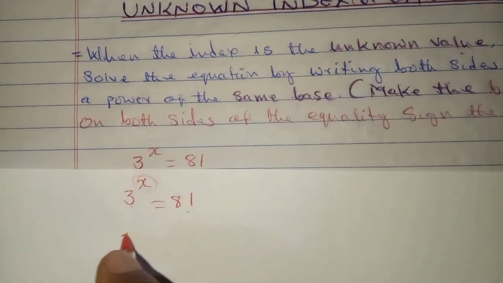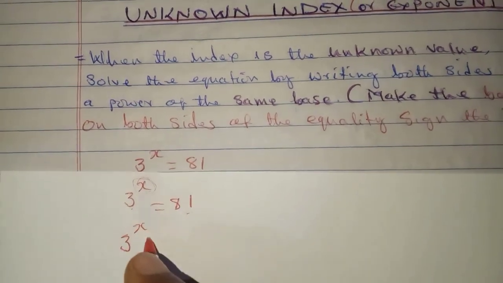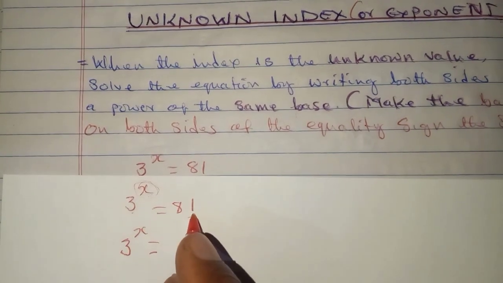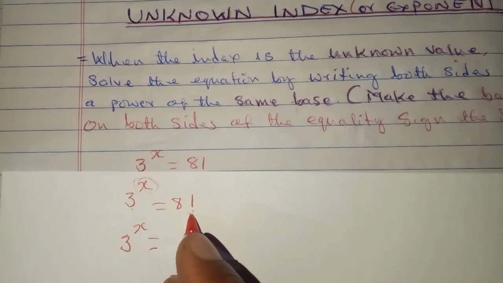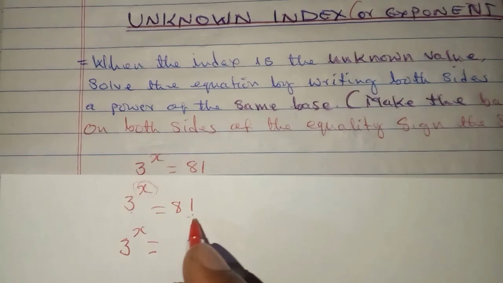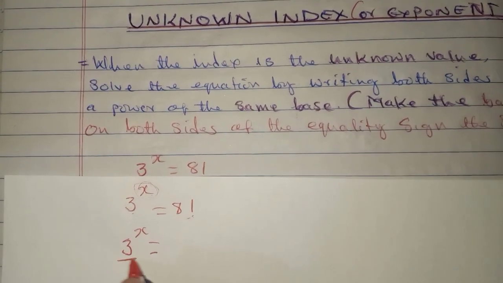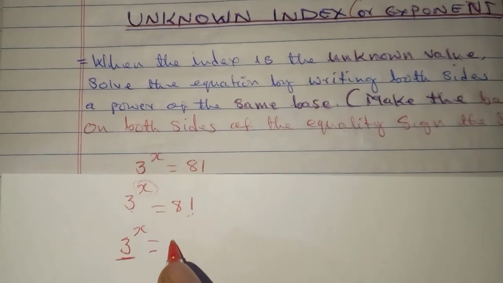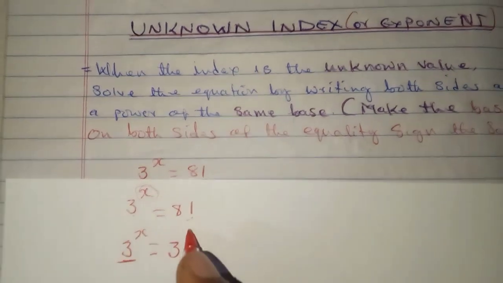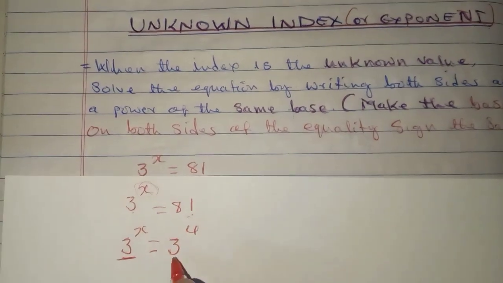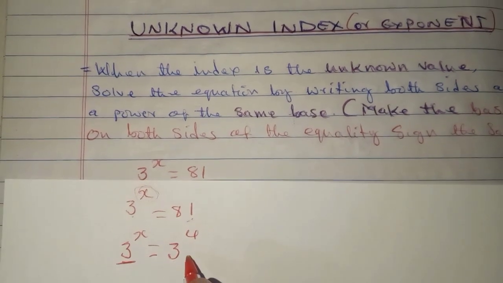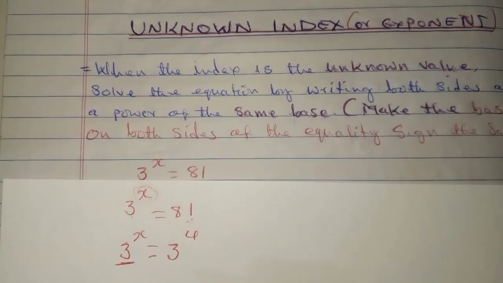So what we do is maintain 3 to the power x is equal to, and change this base. What number can I multiply by itself to get 81? The base should be 3, the same as this one. So that will be 3 raised to what power? To the power 4. 3 multiplied by 3 multiplied by 3 multiplied by 3, four times, you get 81.